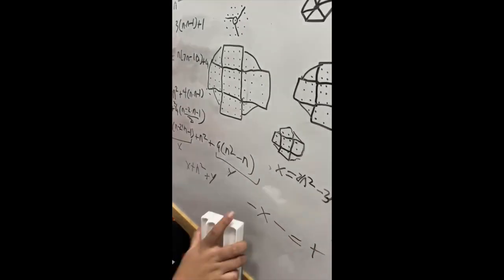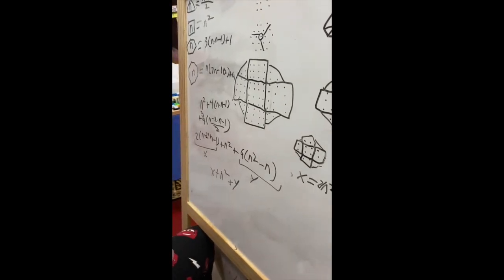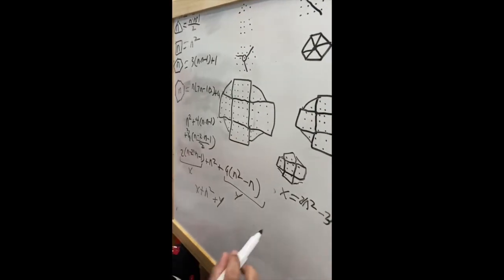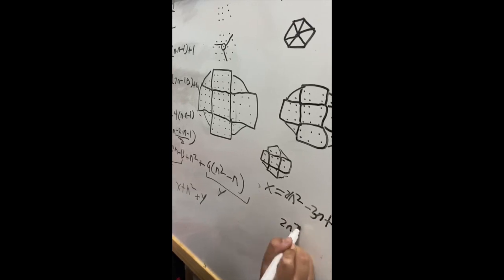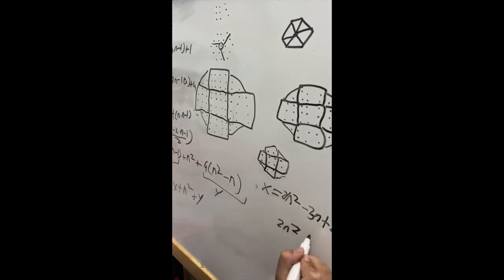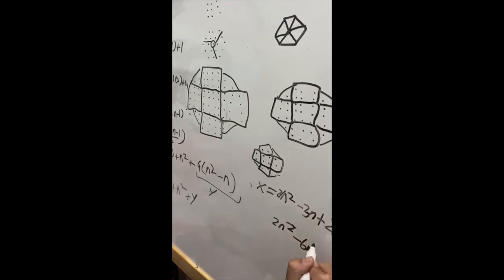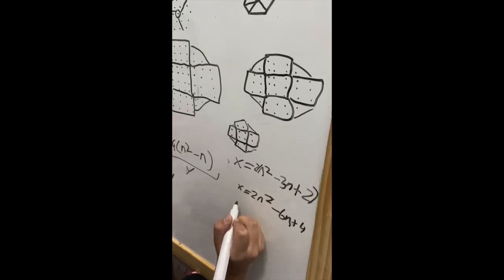And I'm using a dot for multiplication because that's how most mathematicians do it. Now we can distribute. 2 times n squared, 2n squared. 2 times minus 3n, minus 6n. And 2 times 2, 4. Now this is what x is equal to.